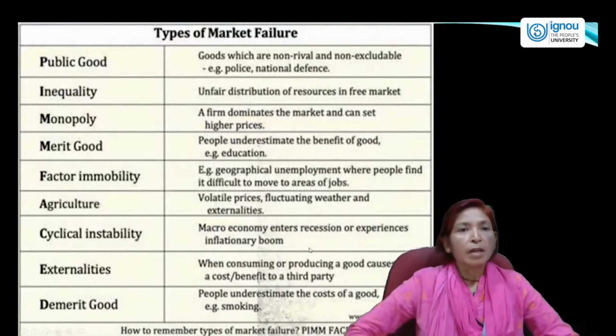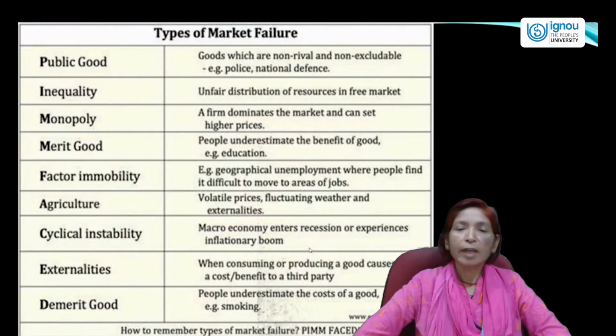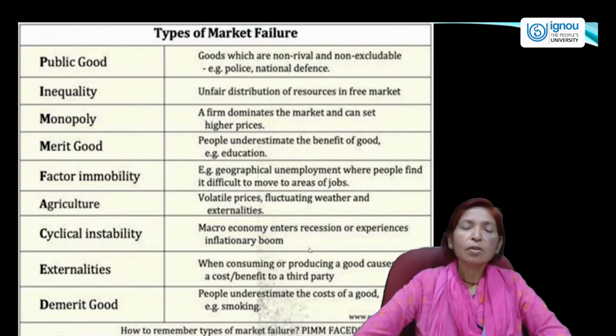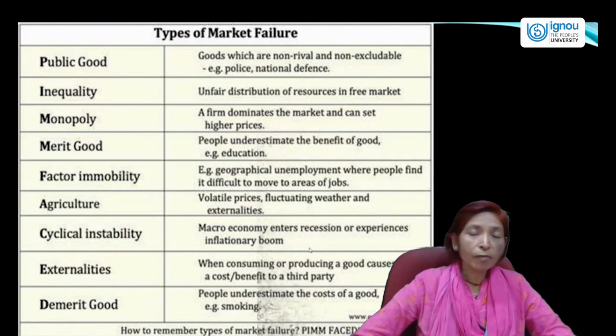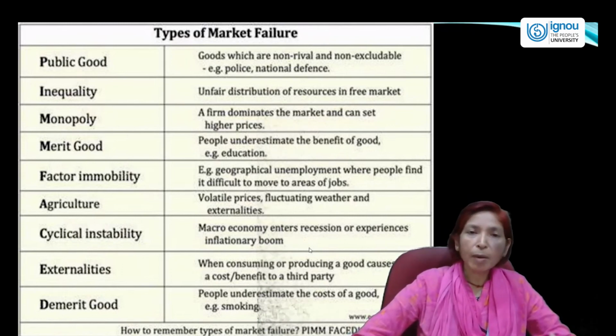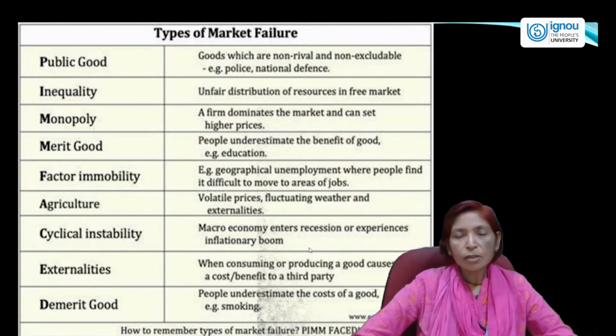Next is types of market failure. There are so many types of market failure. In the case of public goods, the market becomes a failure. First of all, we should know the meaning of public goods. Public goods are those goods which are provided to the whole community at free of cost.